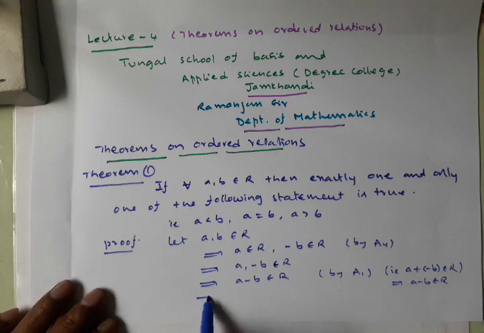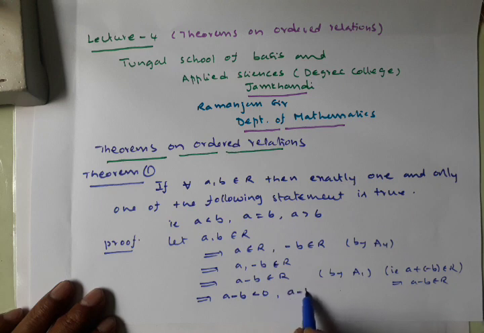This implies that any element belonging to R must be either less than 0, or A minus B is equal to 0, or A minus B is greater than 0.